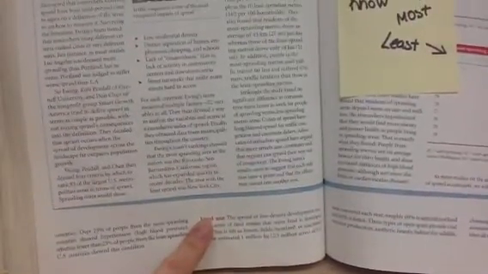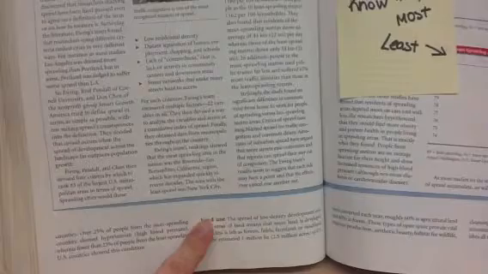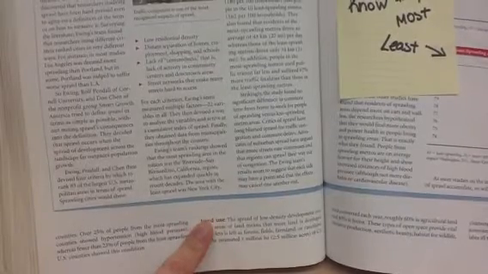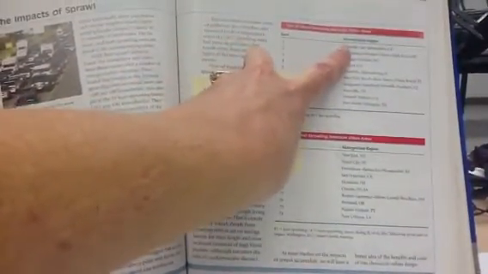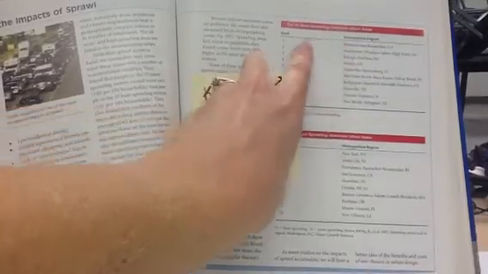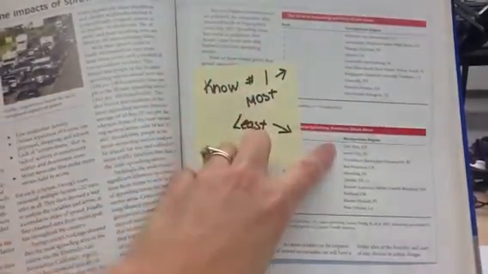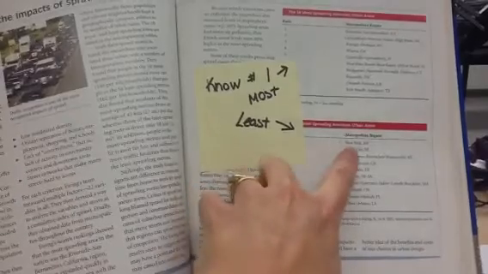The next one is land use. It takes a lot of land away from wildlife, the sprawl does. Also on this page, you need to know the number one most sprawling urban area, which is Riverside, San Bernardino, California. And the least is New York City.